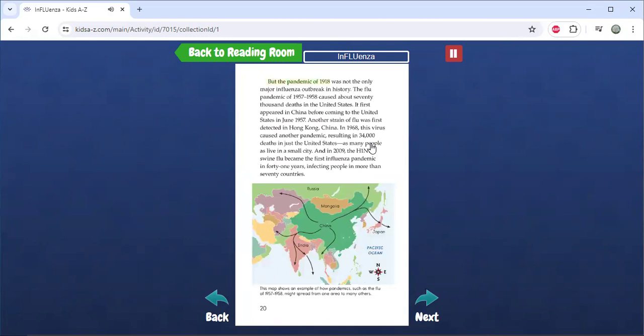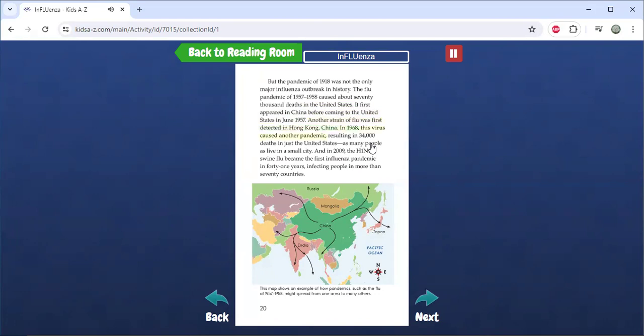But the pandemic of 1918 was not the only major influenza outbreak in history. The flu pandemic of 1957 to 1958 caused about 70,000 deaths in the United States. It first appeared in China before coming to the United States in June 1957. Another strain of the flu was first detected in Hong Kong, China.